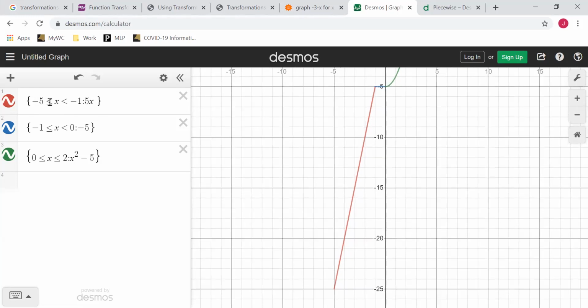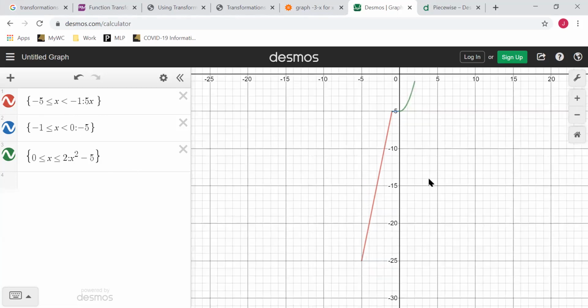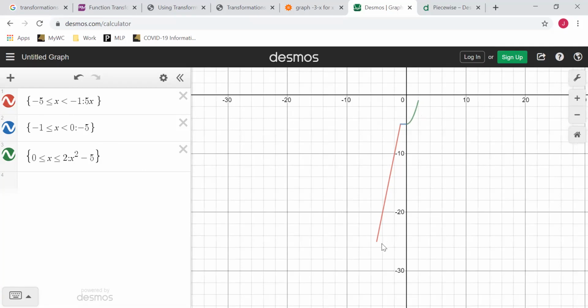Notice I didn't say for all x values less than -5 and all x values greater than 2. No. It's only this piece right here. So this function is only defined for x values between -5 and +2, and there's nothing outside of that. So the domain would just be -5 to 2, all x values between that.